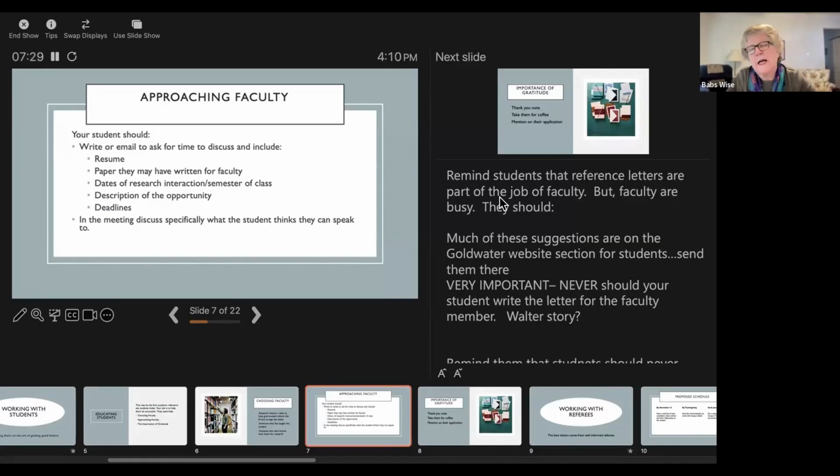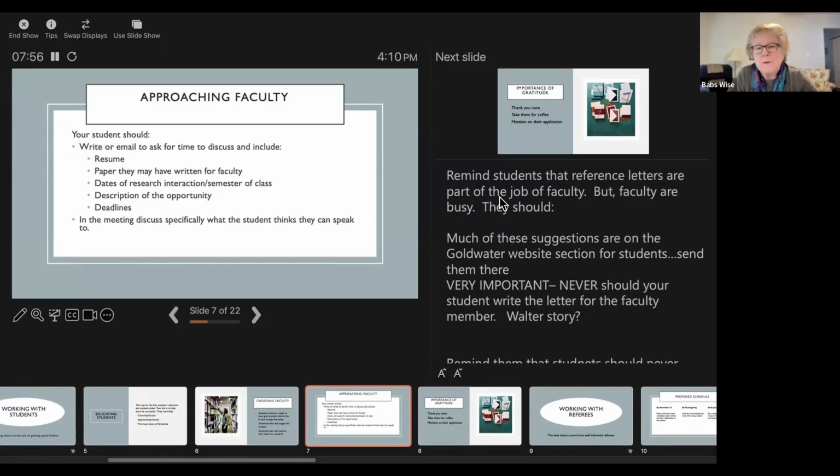So this is detailed, I think, on the website pretty well, but let's talk about it again. To go to the faculty member, the first thing they need to do is to write a polite email and ask for time to talk about the scholarship and the reference letter. In that email, I always told my students they should attach a resume.